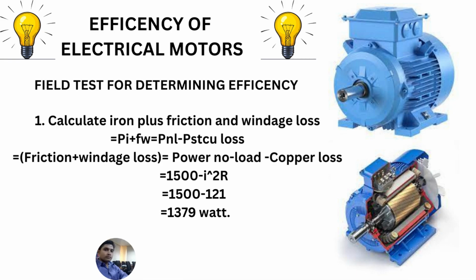At no load the temperature is 30 degree, so the resistance is 0.25. And as we know, the no load power is 1500. With this formula, we get the friction and windage loss as 1379 watt.